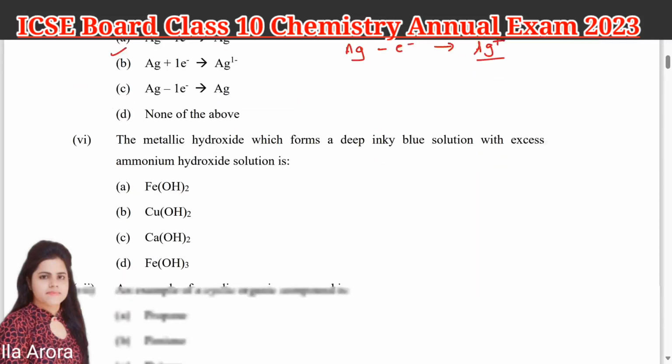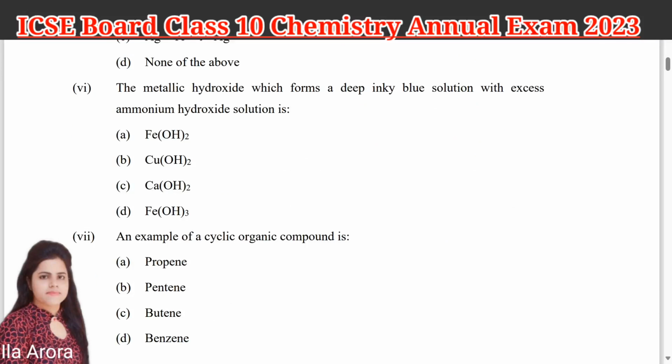So A option is correct. Next one is the metallic hydroxide which forms a deep inky blue solution with excess of ammonium hydroxide solution. That is copper hydroxide, which will give you the deep blue color, B option.